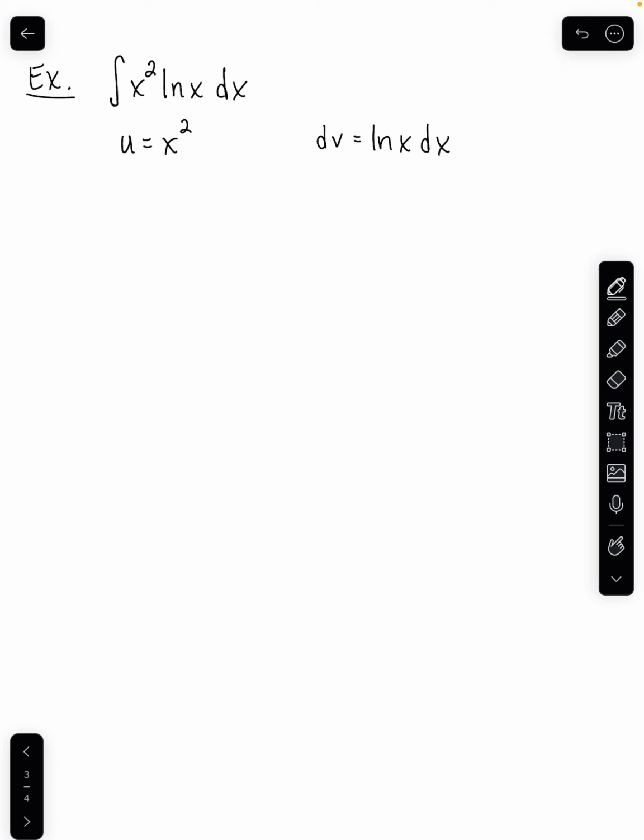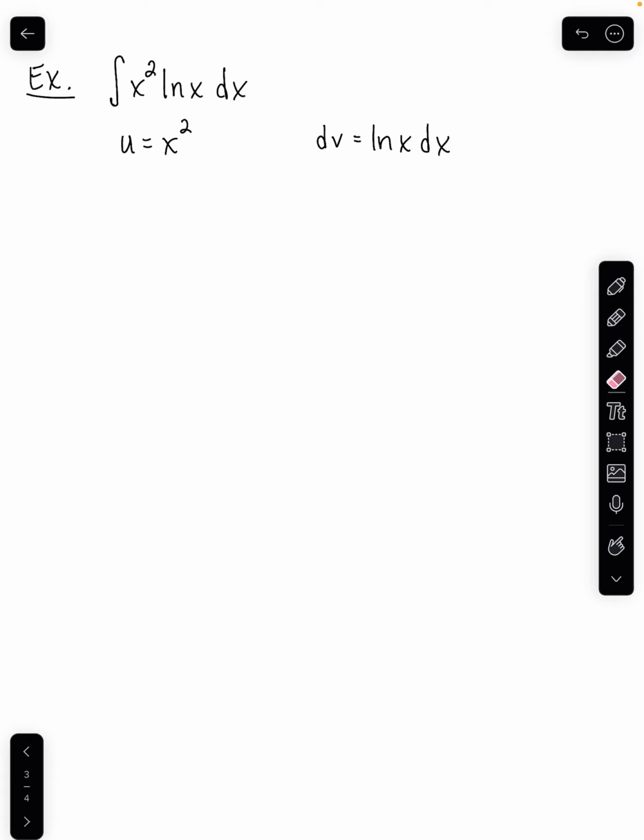And that should make you stop for a second and go, wait a moment. We don't know the antiderivative of the natural log of x, do we? So that kind of throws a whole wrench in the works. We can't have the natural log of x be our dv because we don't know how to integrate it.